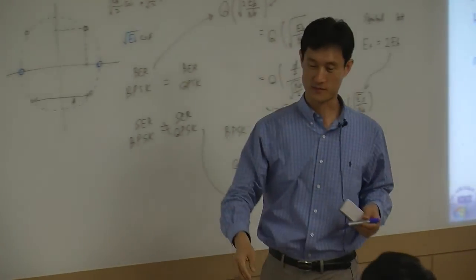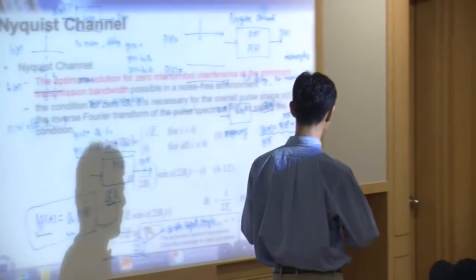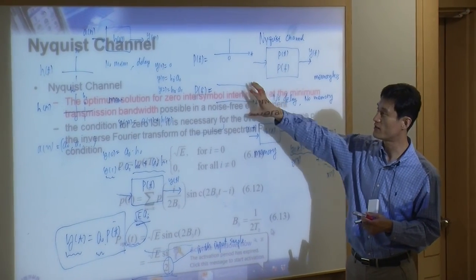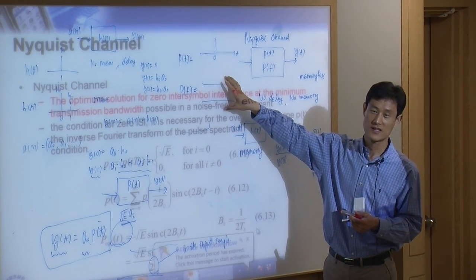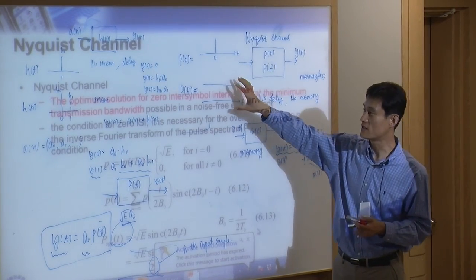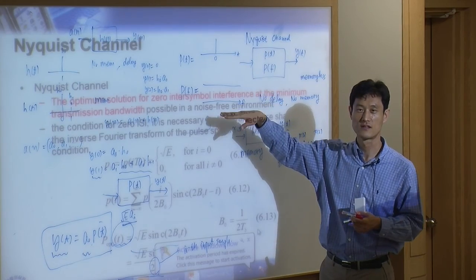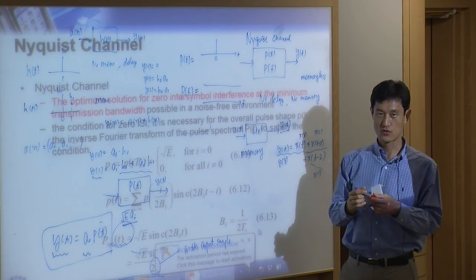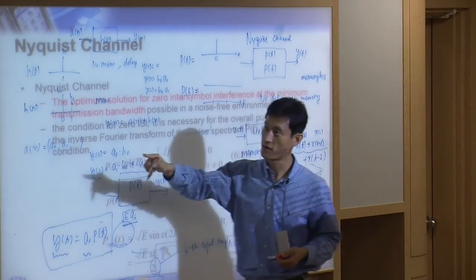But we have a big problem. Unfortunately, we cannot make this block have this frequency response. Why is that? If your block has this frequency response, that means you are using all the frequencies. You cannot use all the frequencies, right? You are going to use only your bandwidth. That's what I said here.